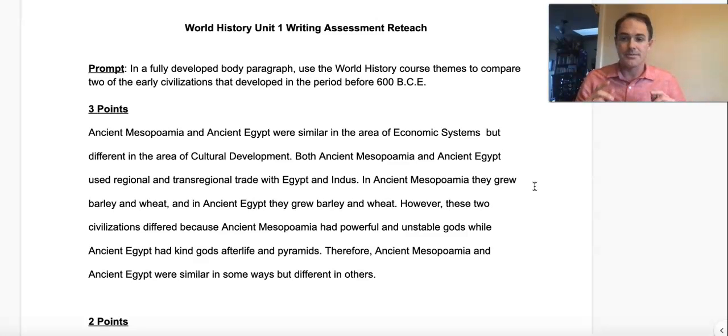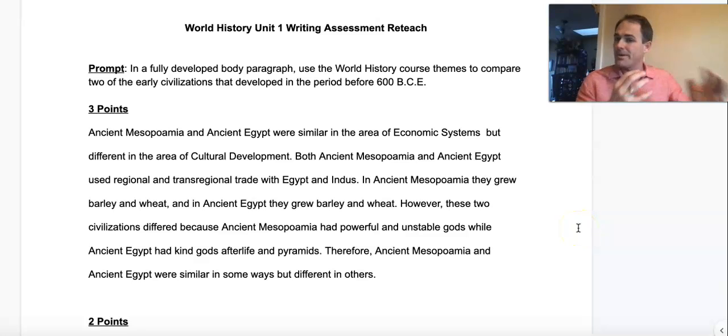Is that factual and specific? Yes. Is it related to the topic sentence about economic systems? Yes. In ancient Mesopotamia, they grew barley and wheat, and in ancient Egypt, they grew barley and wheat. Again, specific historical evidence? Yes. Related to the theme of economic systems? Yes. Excellent start so far.